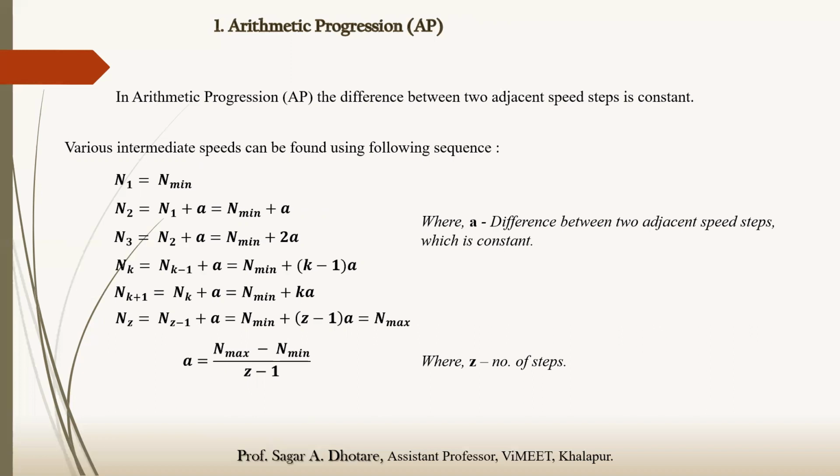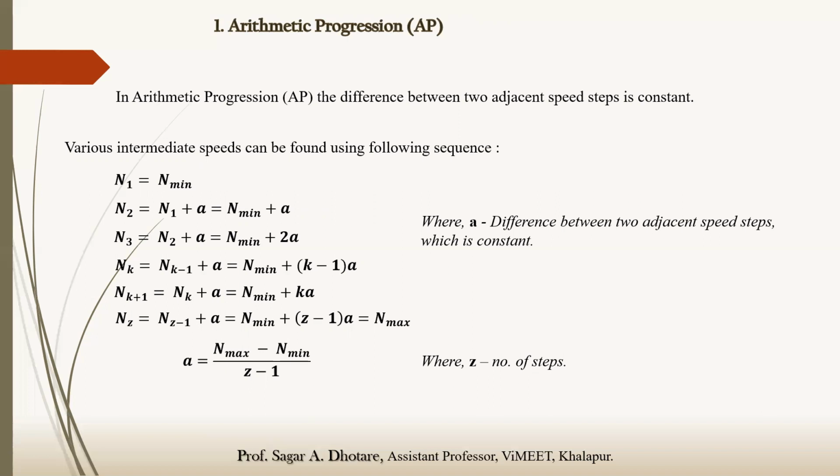As in arithmetic progression the difference between two adjacent speeds is constant, the various intermediate speeds can be found using the following sequence, where a is the difference between two adjacent speed steps, which is constant, and z is the number of steps.